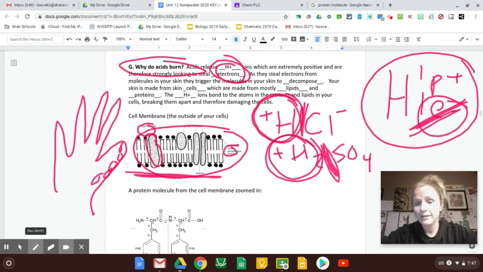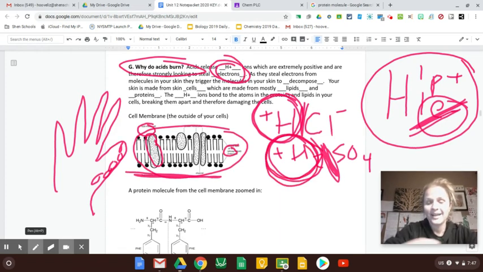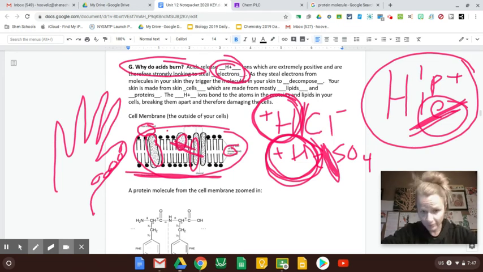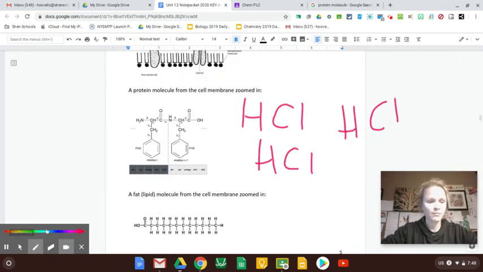So your body is made from these little molecules, and these H+ that are dying to react are going to go react with the molecules that make up your body. And if they react with them, they can break them apart. And now your skin cells are broken. And that's why you see that damage on someone who has an acid burn.